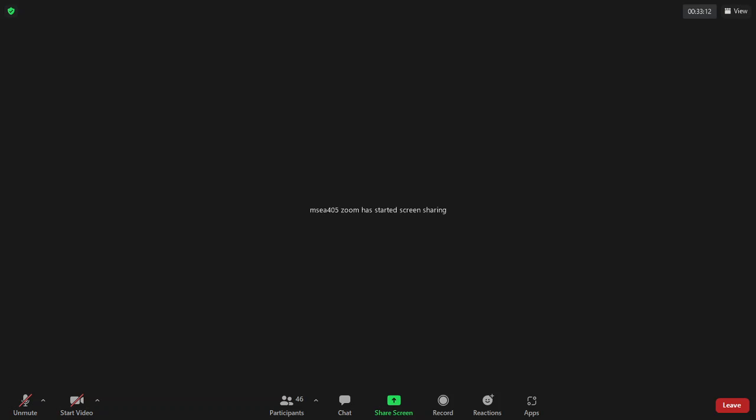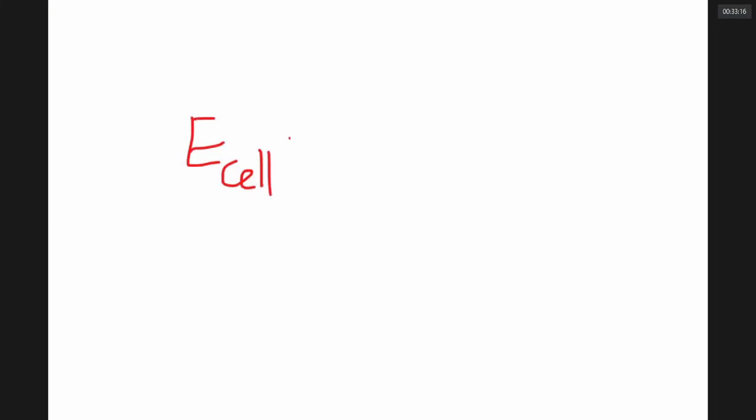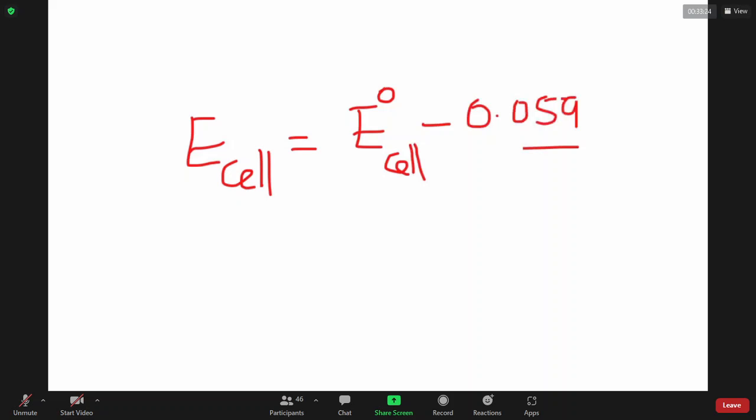So, ladies and gentlemen, I have an important message. This I want to write very slowly, very carefully, because this is a question I am expecting. The cell potential is equal to E0 cell minus 0.059 by n into log of the equilibrium constant.